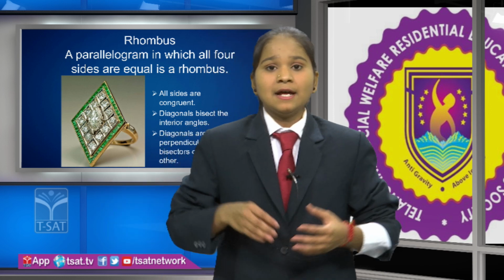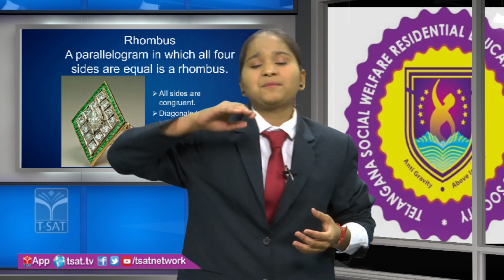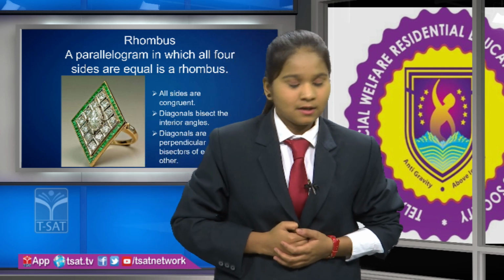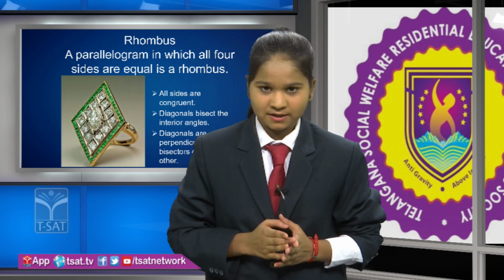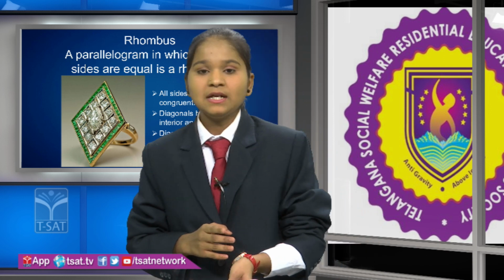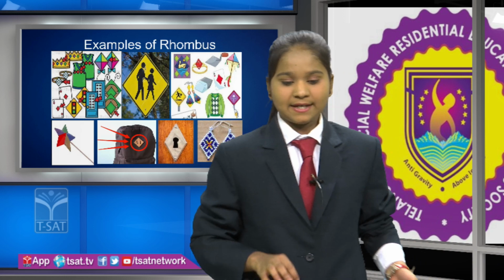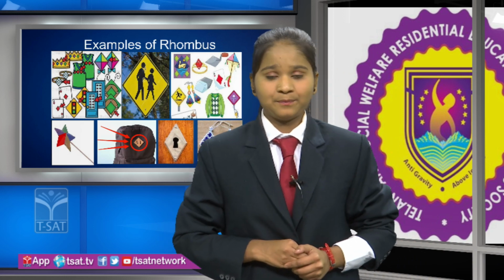In a rhombus the diagonals bisect each other perpendicularly, where perpendicular means making 90 degrees. Let us see some examples of the rhombus.